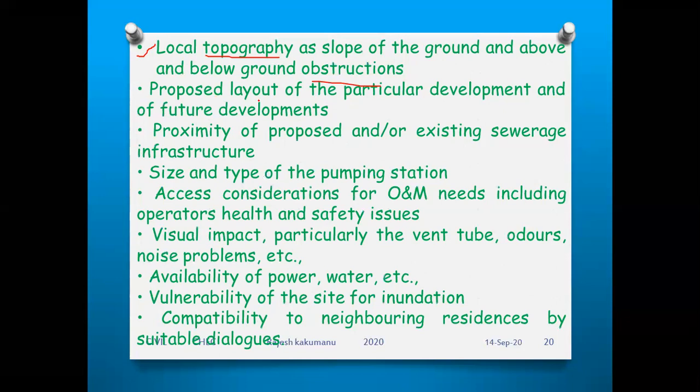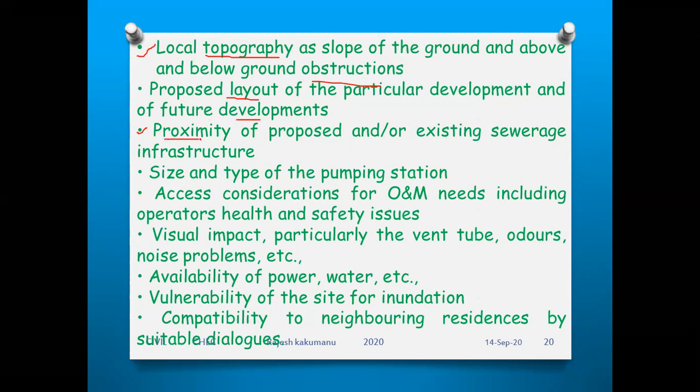Next, the proposed layout for the particular development and future developments. So whatever system you have proposed for the installation of the pumping system, it should be developed at that time and also for future developments. Next one, proximity of proposed or existing sewerage infrastructure. Proximity means the distance.